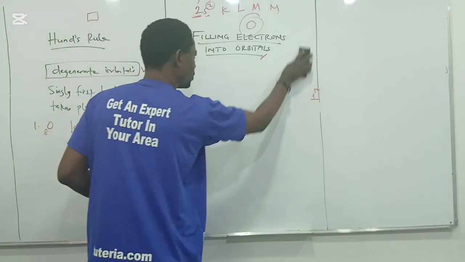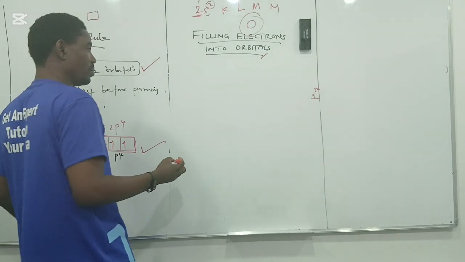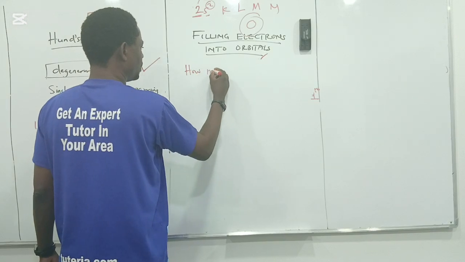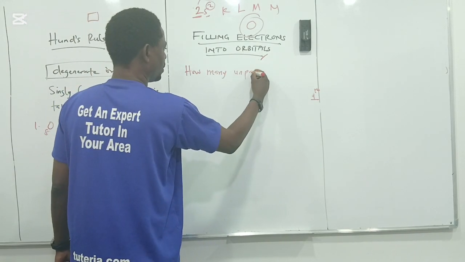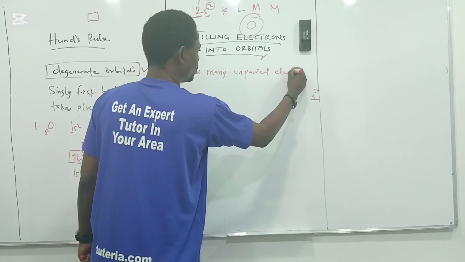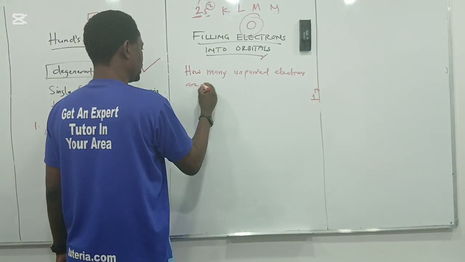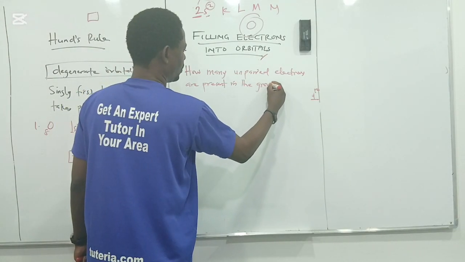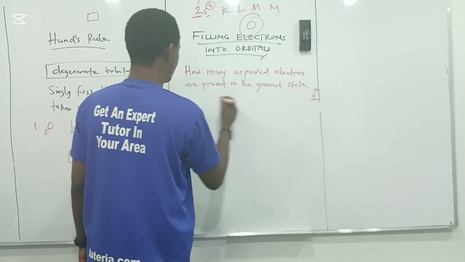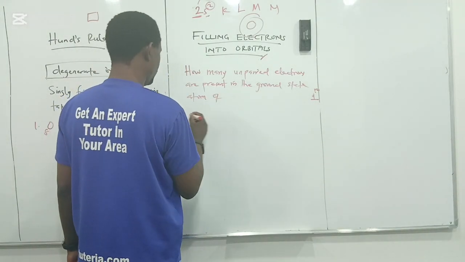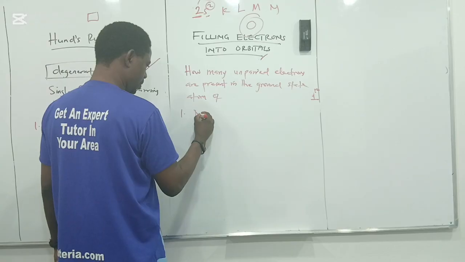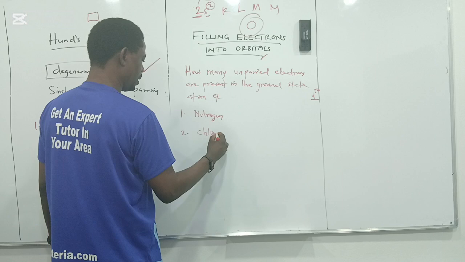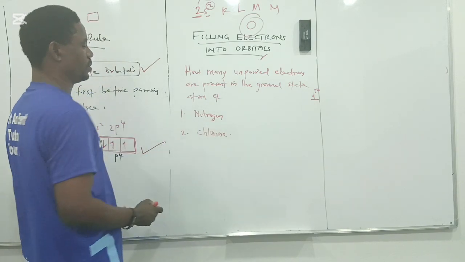How many unpaired electrons are present in the ground state atom of number 1, nitrogen. Number 2, chlorine. Let's just do that and see how we're going to treat that.